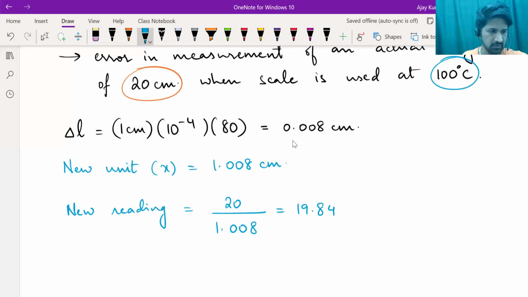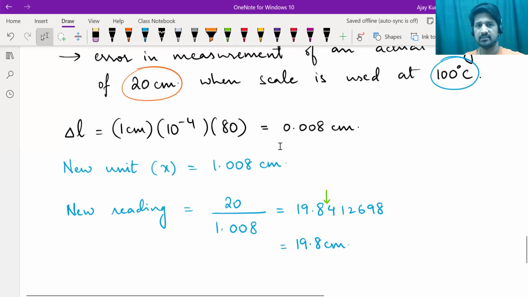We can write other decimals also, 12698. But we'll have to do a little bit of rounding off here. The scale will only have millimeter readings. It won't have readings smaller than that. So as indicated by the scale, you will have to round it off to here. And if you round this off, I think it will be 19.8. So the new reading shown by the scale will be taken as 19.8 centimeters.